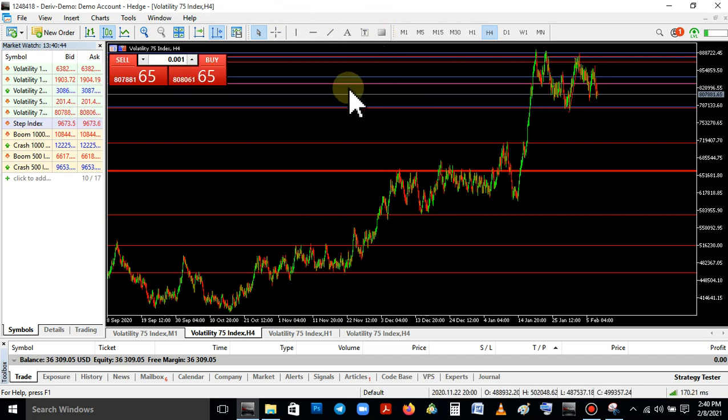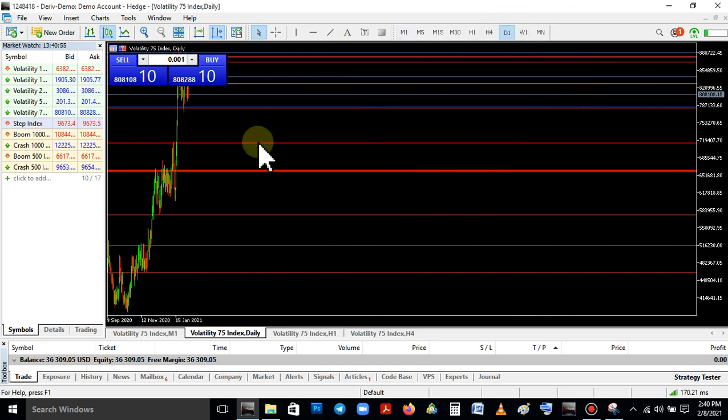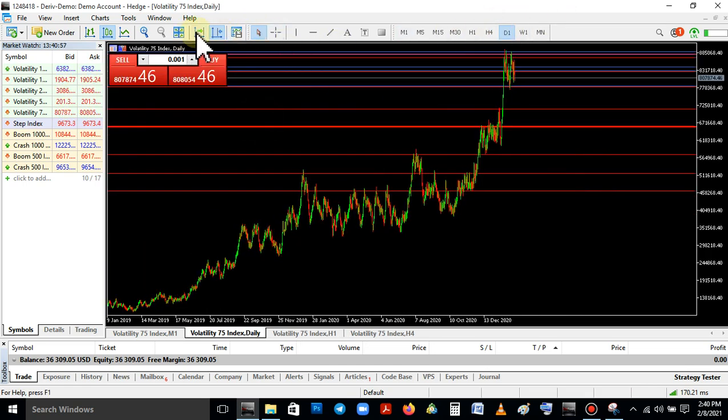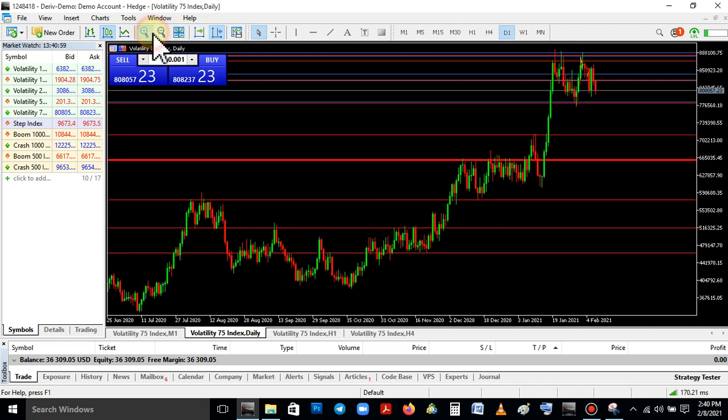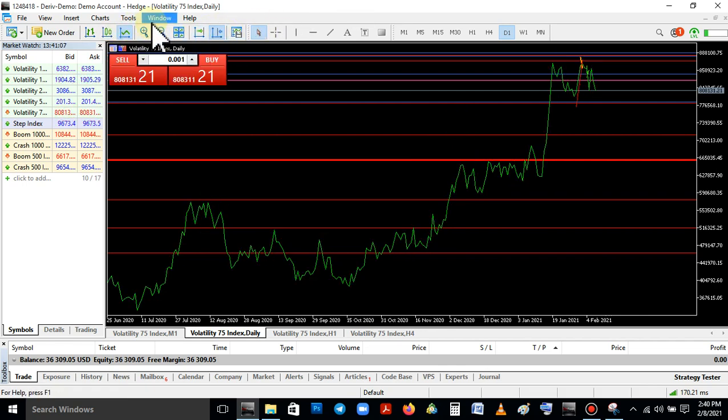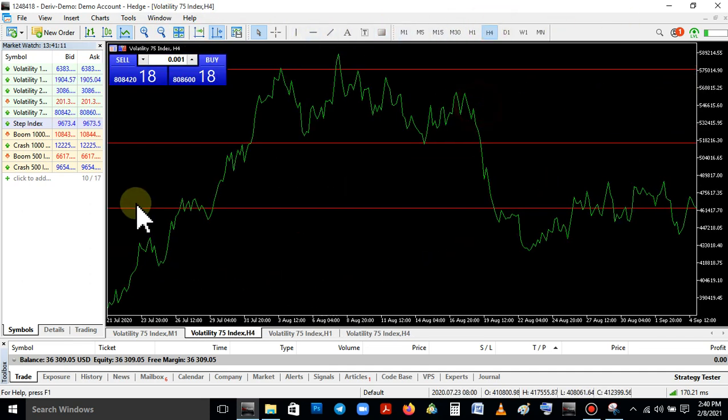Then you are sending 2 pictures each. Please listen very well. You are sending 2 pictures each for each of the time frame. For daily, make sure you zoom out for me to see what you have done, right? Just zoom out like this for me to be able to see what you have done. Snap this one, then turn the chart type to line, snap it again, then go to H4.